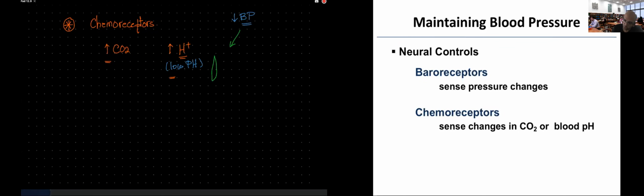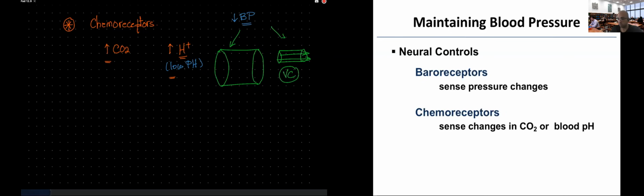Dilation of the arterioles or constriction of the arterioles? What do you think? If you have low blood pressure, would you like to squeeze the vessels for the blood to move faster, or would you dilate all the arterioles? What do you think? You constrict. You will be performing constriction.